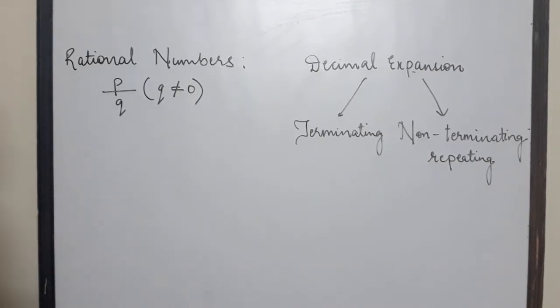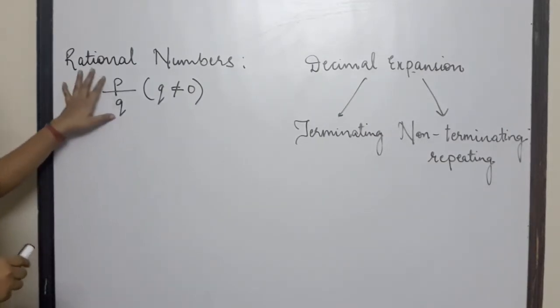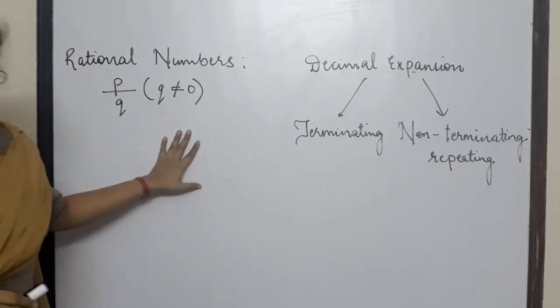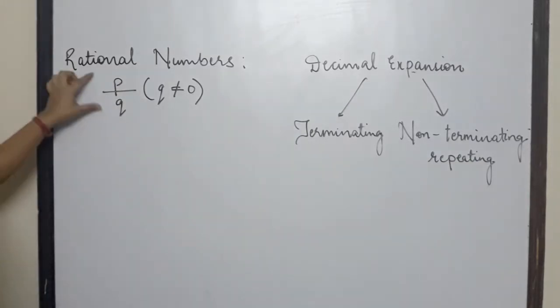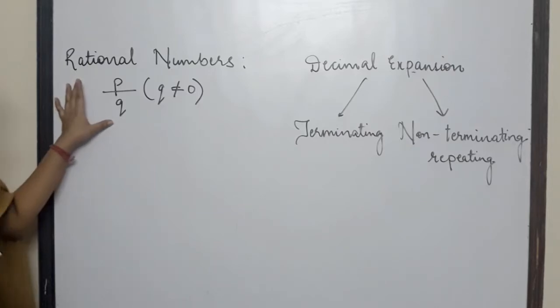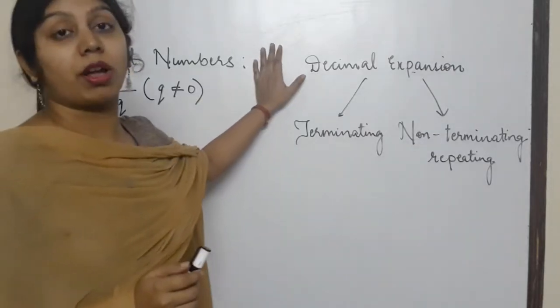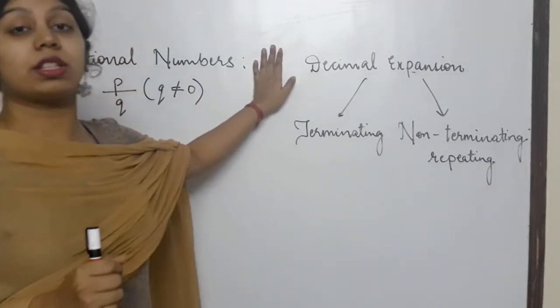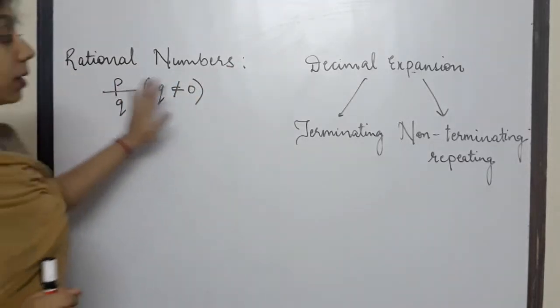In rational numbers, we all have studied that rational numbers can be represented in the form of p by q, where q is not equal to 0. But when p upon q is solved, then we have the decimal expansion of it, and there are two types of decimal expansions of rational numbers.